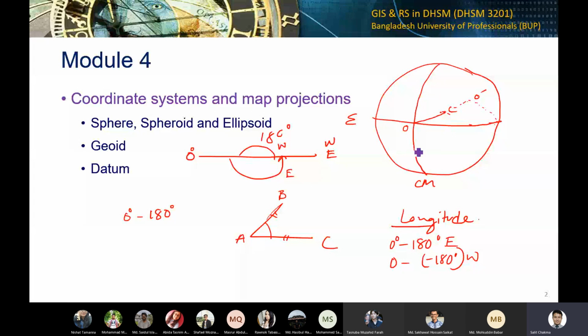As you move, for example, you reach this point A, and the line connecting point A and the center of Earth is AC, and this AC and OC, these two lines create one angle. Which angle? These are actually identifying the movement towards north or south.